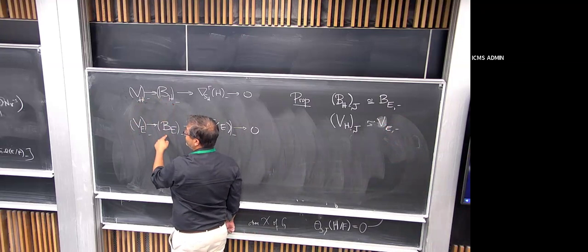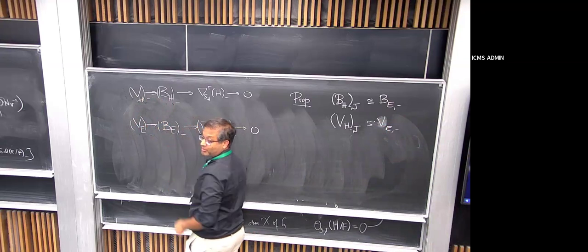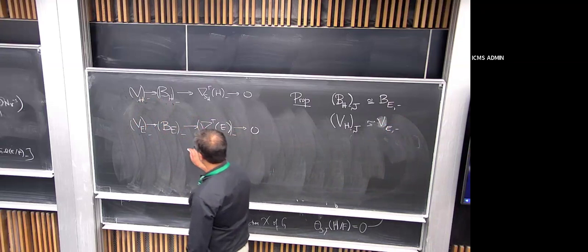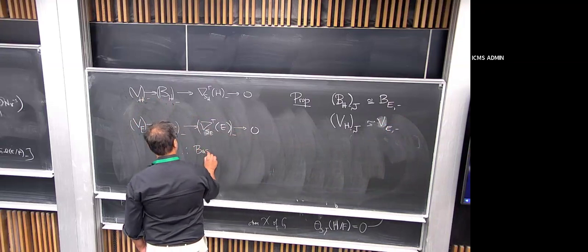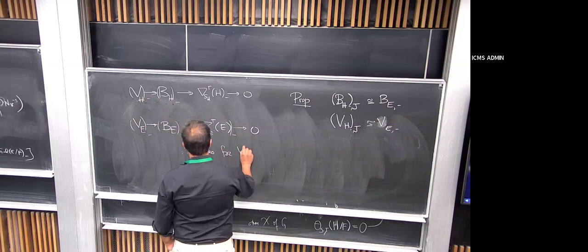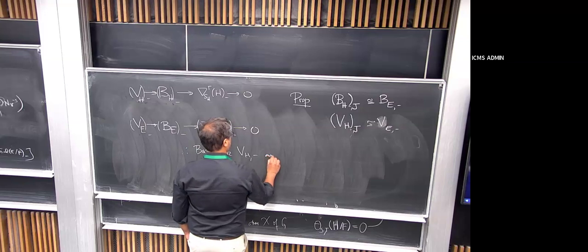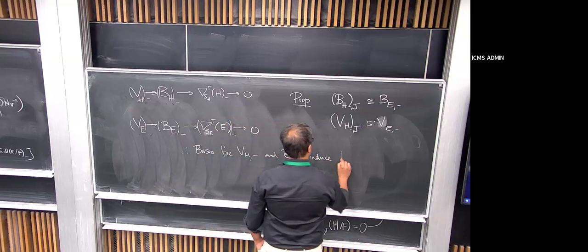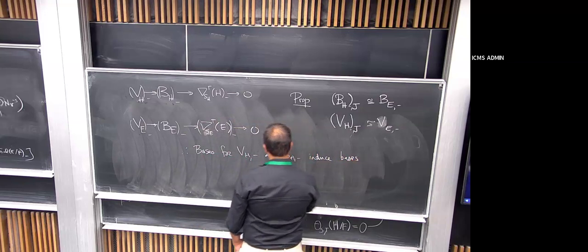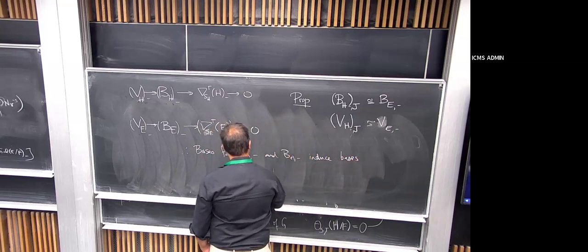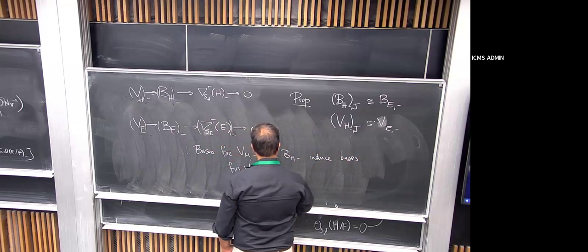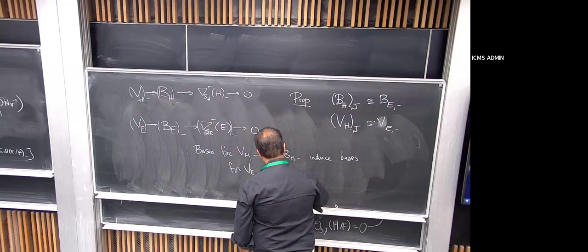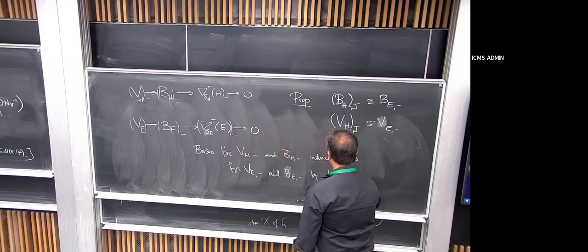You just take their images modulo J. So basis, right, by taking coinvariants.